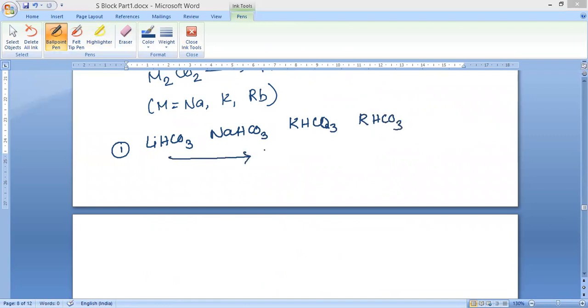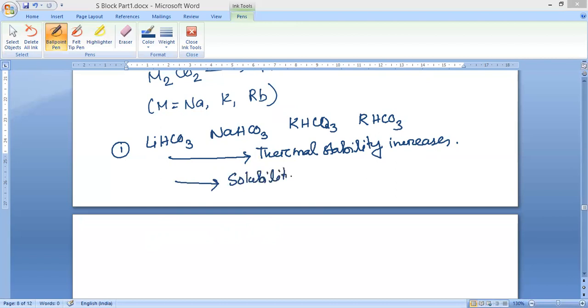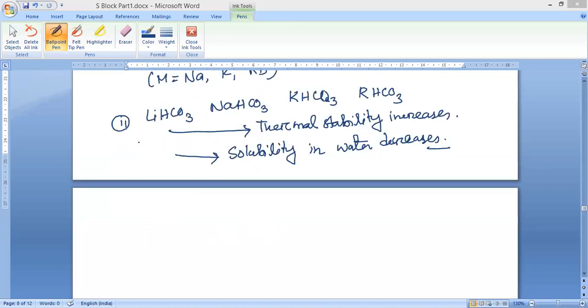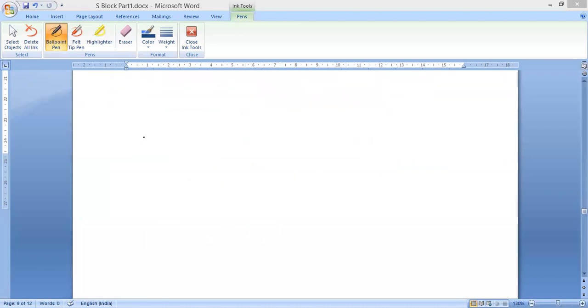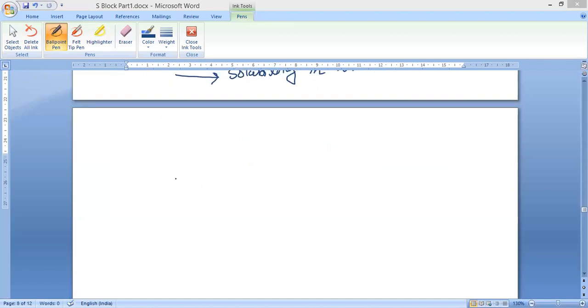So this way thermal stability or normal stability increases and solubility in water decreases. Okay, now this is for bicarbonates. Now next coming for sulfate.